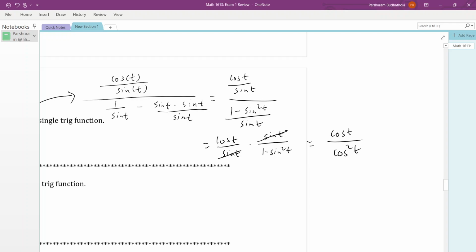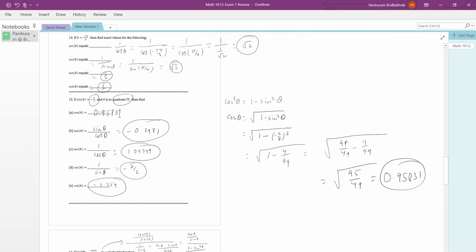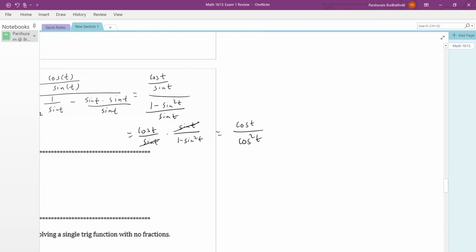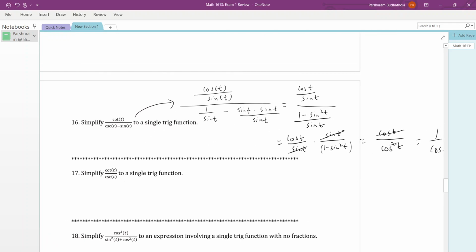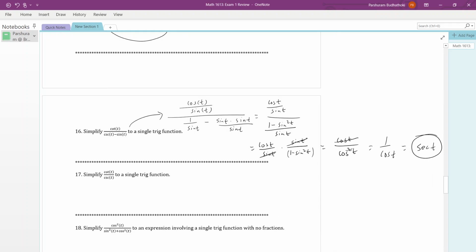If you go back, cosine square theta is equal to 1 minus sine square theta. I'm using the same fact here. If I cancel one of them, it gives me 1 over cosine t, which is actually secant t. So for this problem, if you simplify to get one single trig function, that would be secant t.